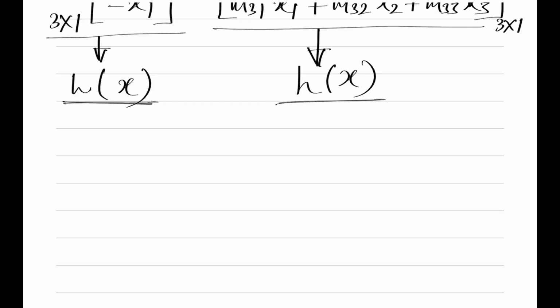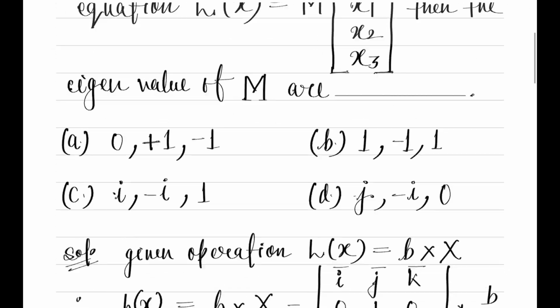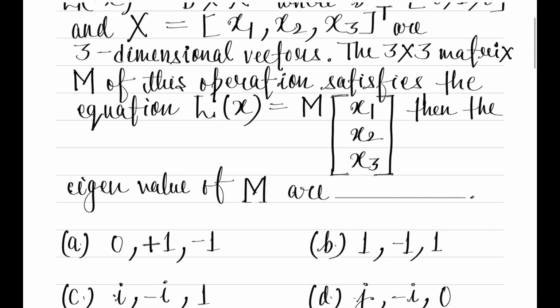Now we have to equate Lx is equal to M, which is a 3 cross 3 matrix multiplied to x1 x2 and x3. This is our given problem: Lx is equal to M multiplied to a column vector.